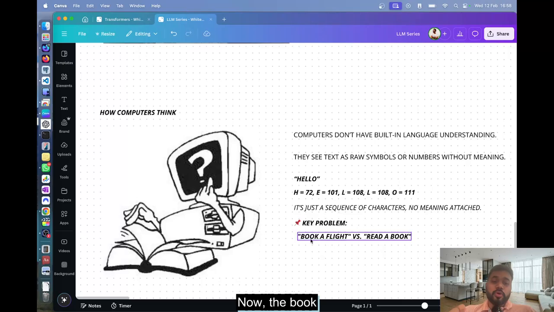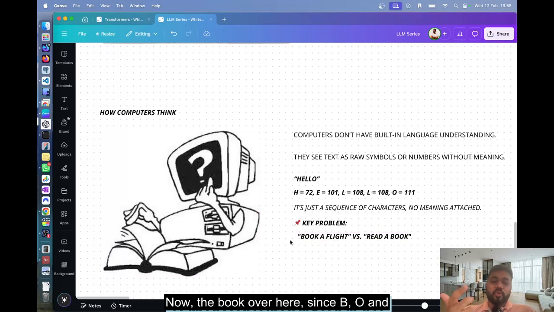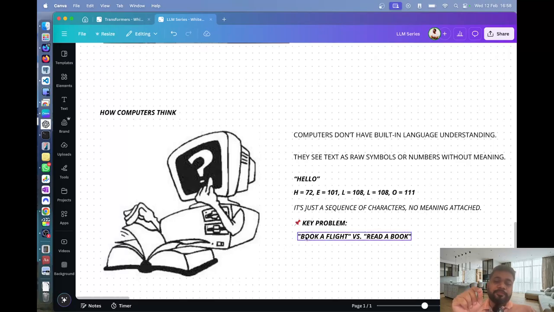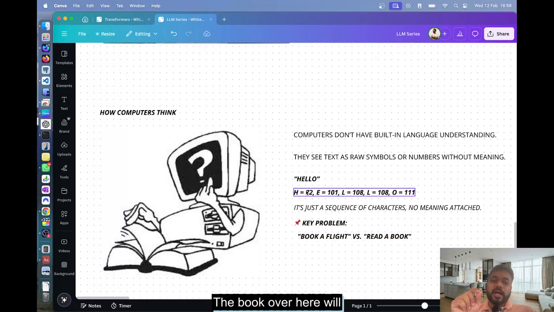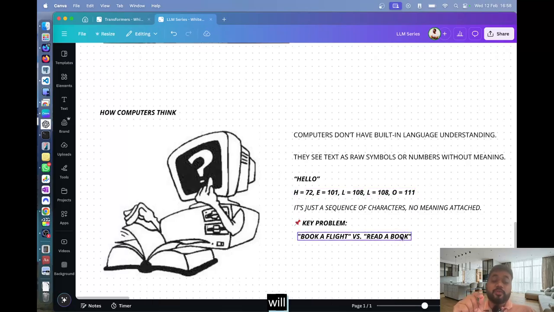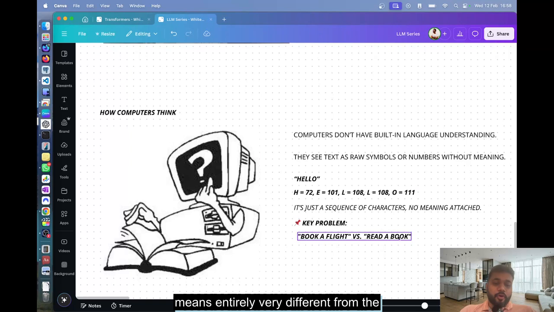Since B, O and K will have a unique number assigned to them, the book over here will have the same embedding as the book over here, in read a book and book a flight. So now this is a problem, because the book in book a flight means something entirely different from the book in read a book.